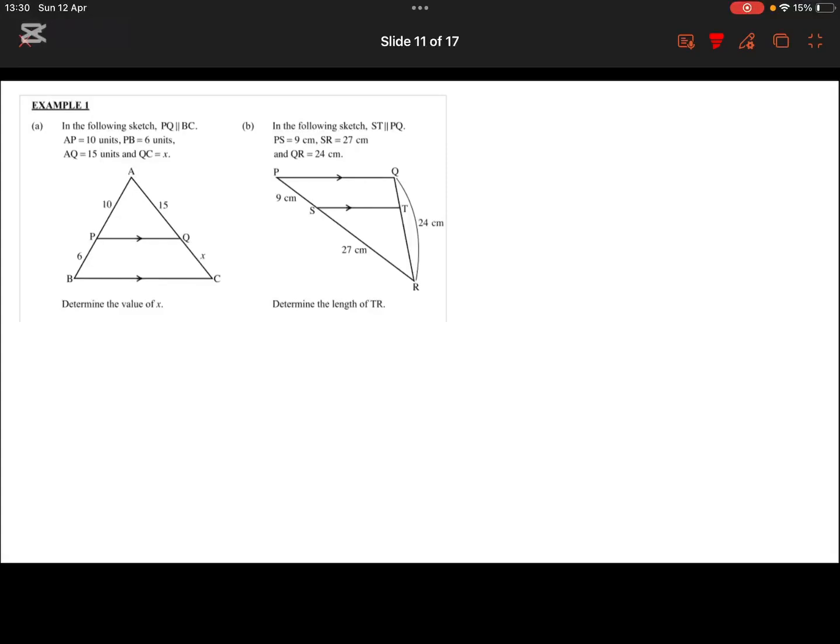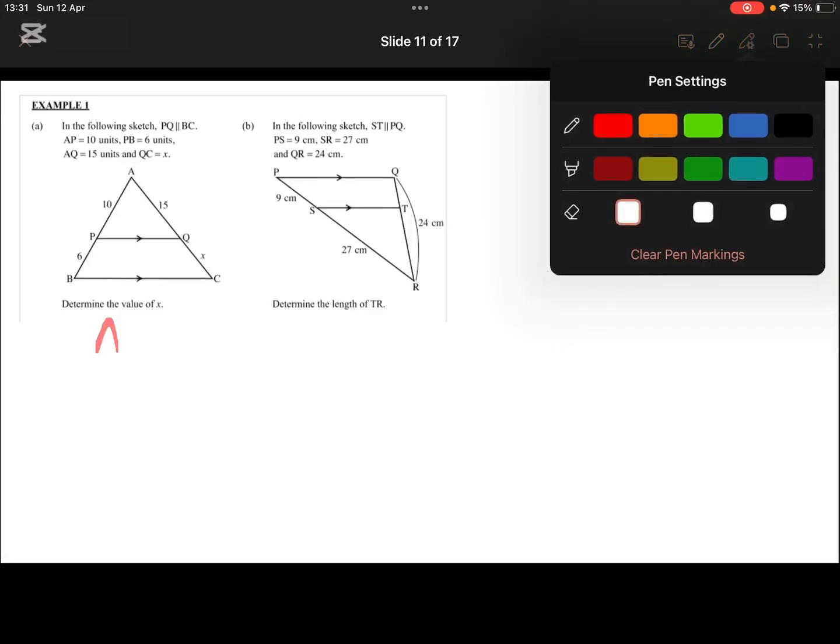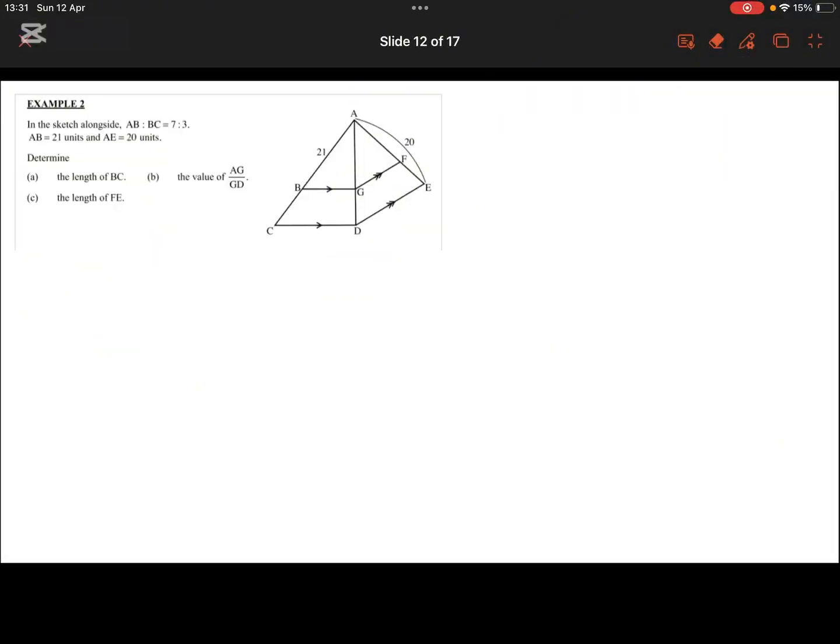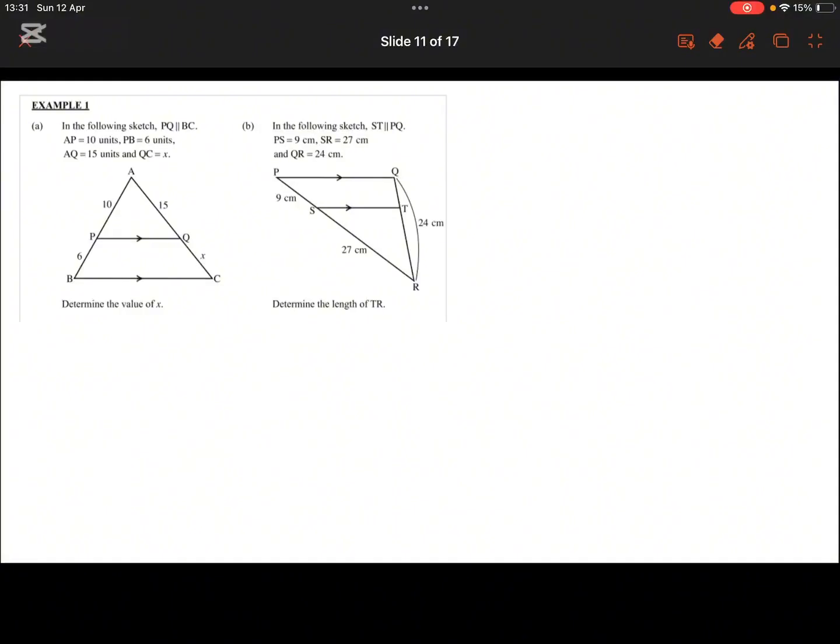From the proven formula, we know that if a line is drawn parallel to one side of the triangle, it divides the other two sides proportionally. That simply means that in this case, we're going to have AP divided by PB equal to AQ divided by QC.